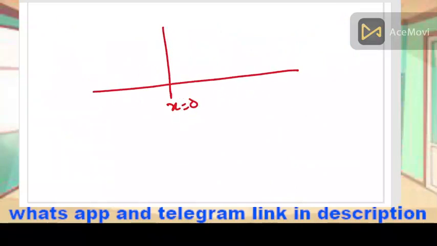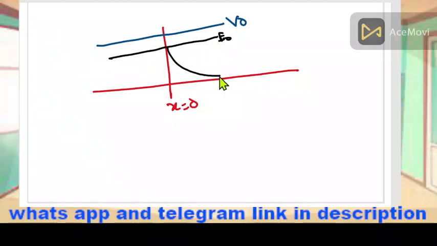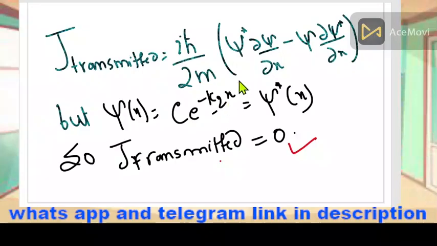If this is the situation, this is x equal to 0, and here we have the potential V naught, and suppose this is the particle energy E. Here we have this exponentially decaying curve, and this is the transmitted wave. So the probability current density you can evaluate by keeping this wave function and its conjugate here.